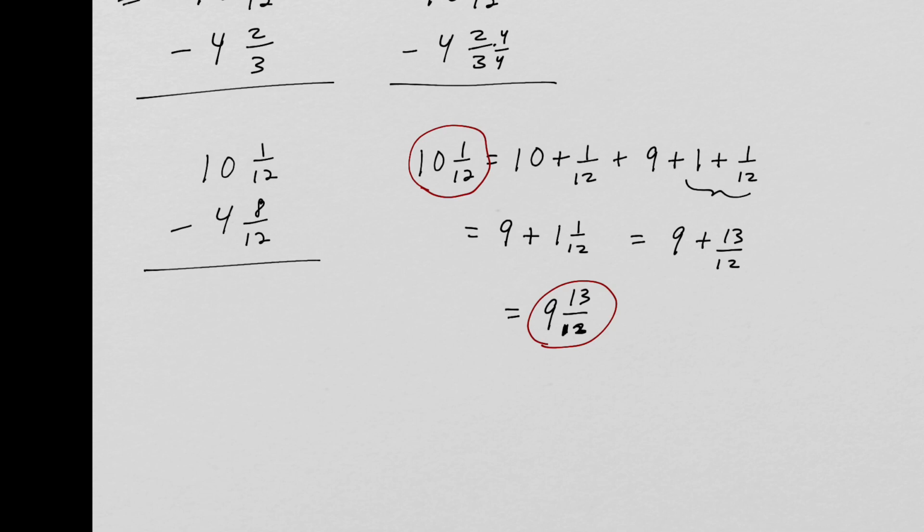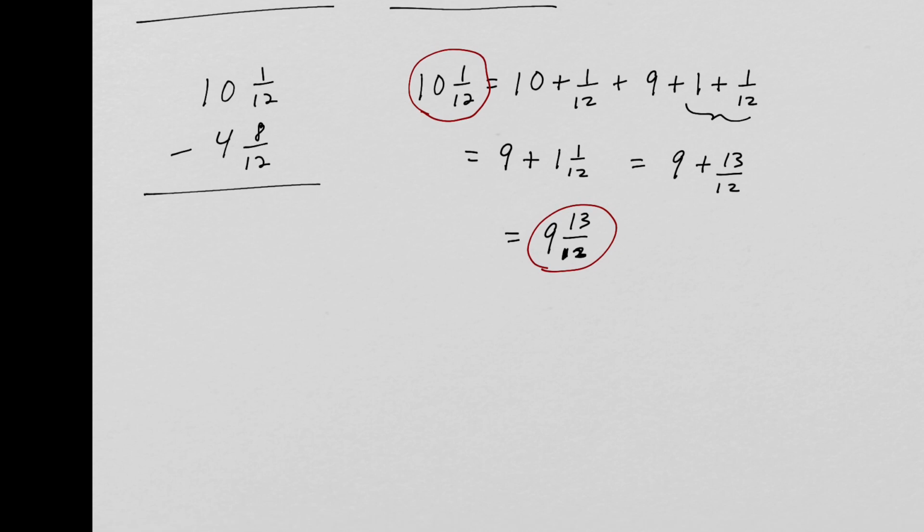So now this becomes 9 13/12 minus 4 8/12. I subtract the fraction parts, right? So 13/12 minus 8/12 is 5/12. And I can't really simplify, so that's good. And then 9 minus 4 is 5.